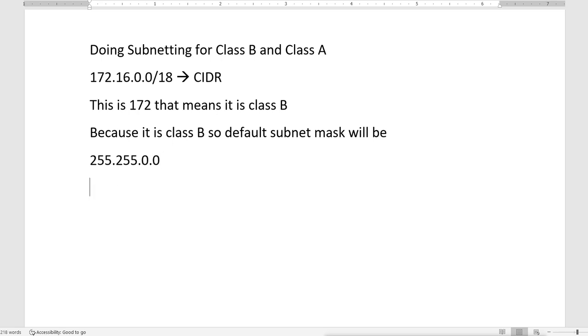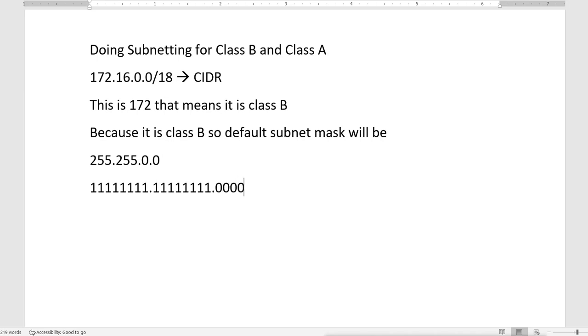Now 255.255.0.0 means what? In the first part all bits are on, that means 1 2 3 4 5 6 7 8, dot. Then the second part is also all on, 1 2 3 4 5 6 7 8. Then in the rest of the two parts all bits are 0.